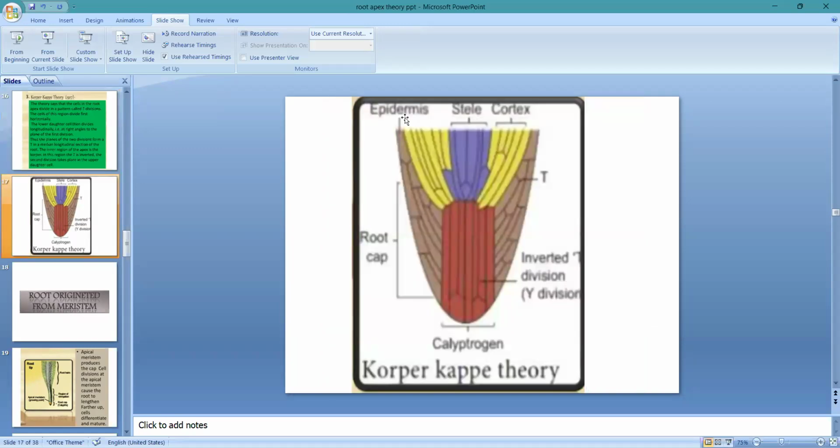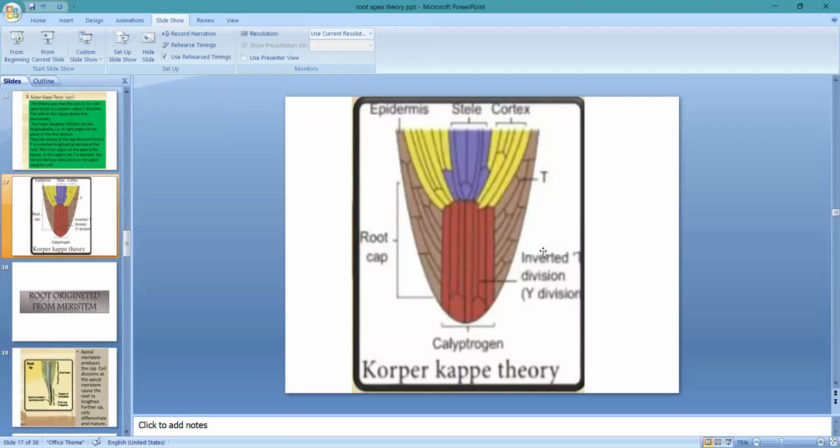See here: endodermis, stele and cortex. So root cap, inverted division. See here, this is the inverted division. This is the first one. This is the calyptrogen. From the calyptrogen, the root cap is formed. You remember that.